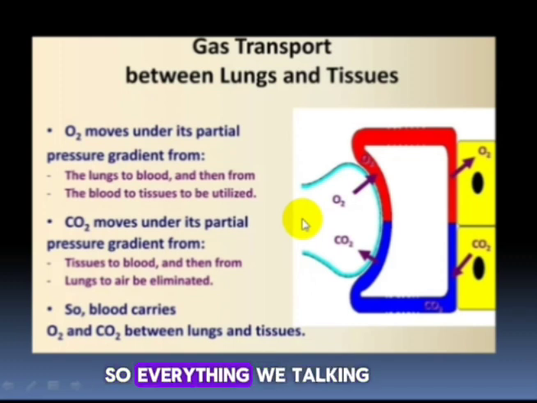Everything we're talking about in gas transport is a mechanism of how oxygen gets to the tissues for it to be utilized and how carbon dioxide is transported out of the lungs to the external environment.